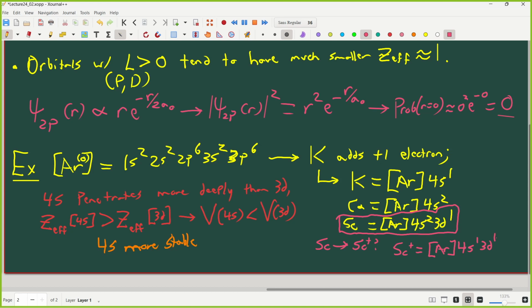So when you remove an electron from scandium, you don't go to the 4s2 configuration. You go to 4s1 3d1, because that 3d electron provides a little additional shielding to the 4s electron, reducing the effective charge it feels from the nucleus, and thereby destabilizing it. I'll write that shortly: 3d electron shields 4s electron.